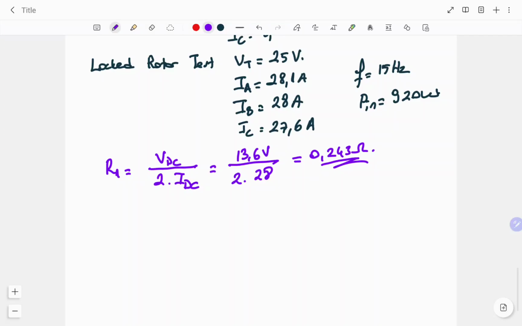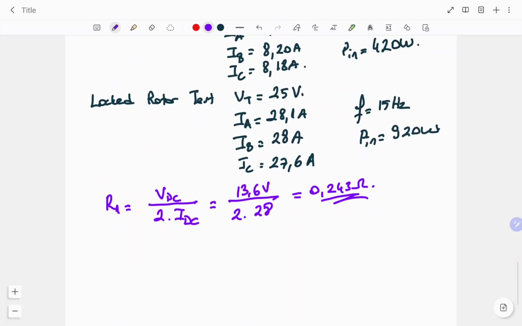Then let's continue with the second test, which is the no-load test. So from the no-load test, first of all, we can calculate the current, because 3 phases are given, so the average current for the calculations should be determined.